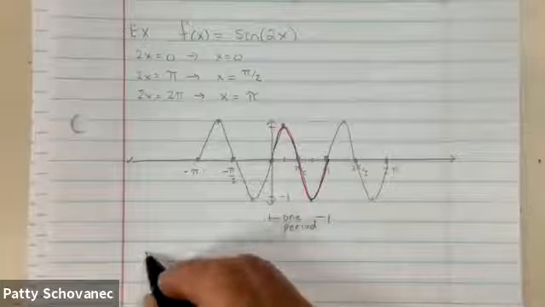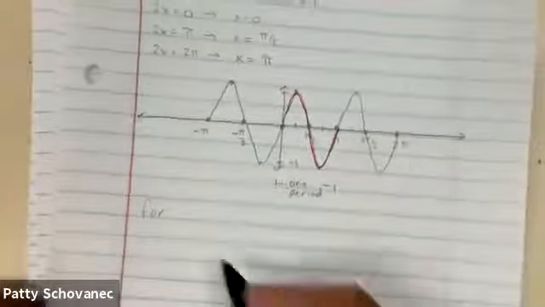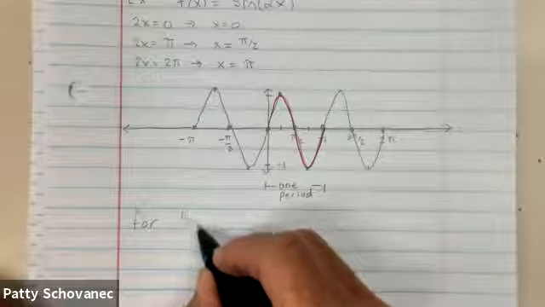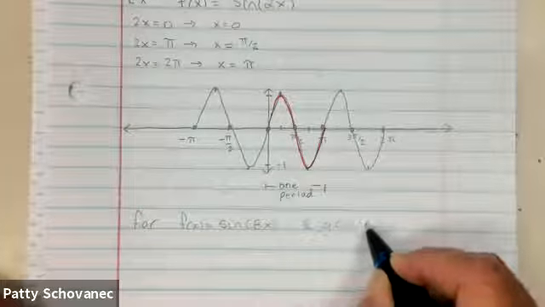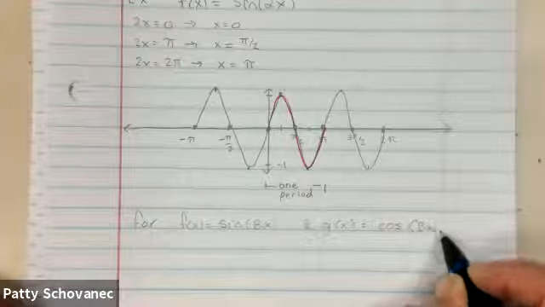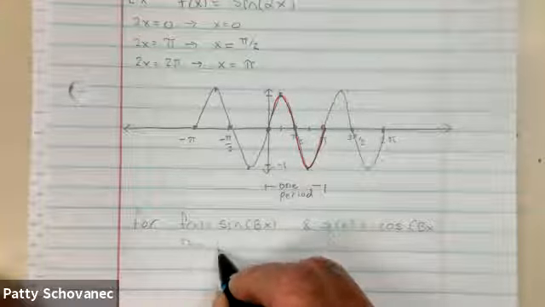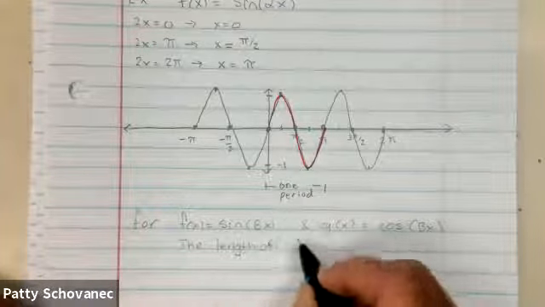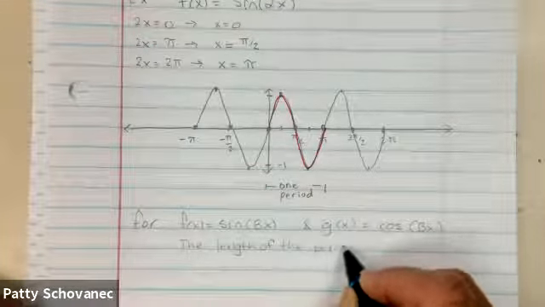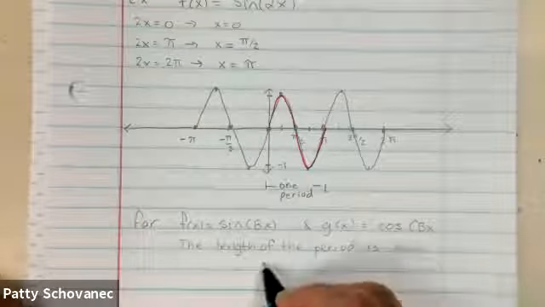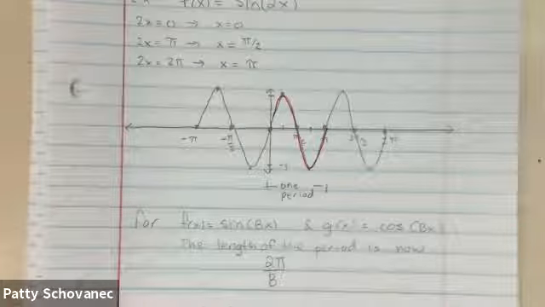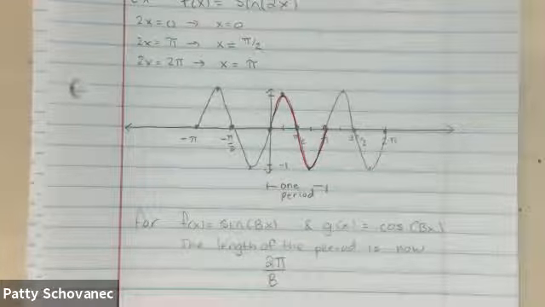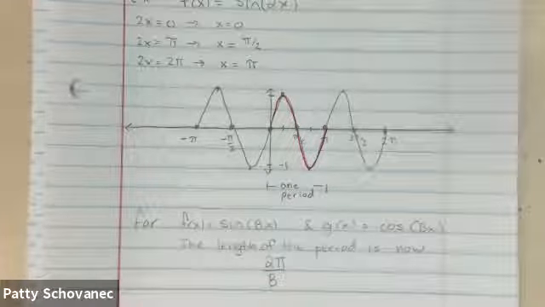So for f of x is the sine of bx, and g of x is the cosine of bx, the length of the period is now 2 pi divided by b. So if b itself is a fraction, 2 pi divided by a fraction is 2 pi multiplied by the reciprocal of that fraction. So the period gets longer.